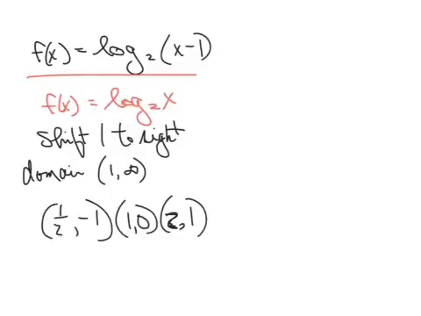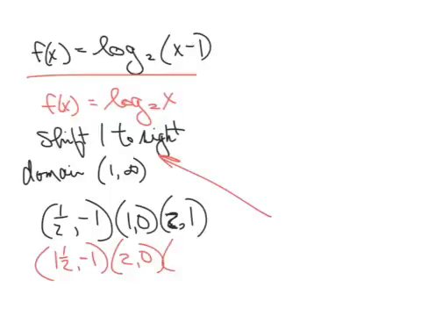But again, since everything was shifted 1 to the right, this ends up being 1 and 1/2, negative 1. Shift that over to the right 1. This gets shifted to the right 1, and that gets shifted to the right 1.